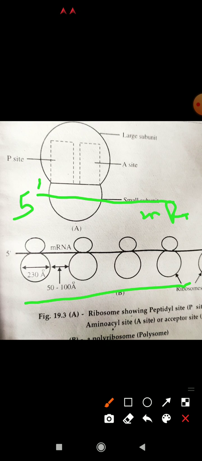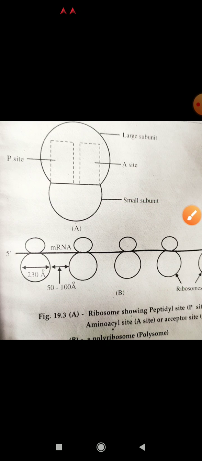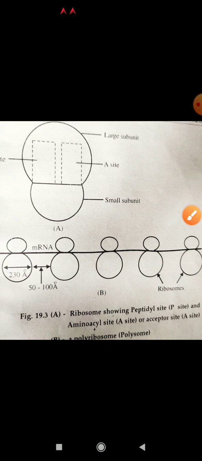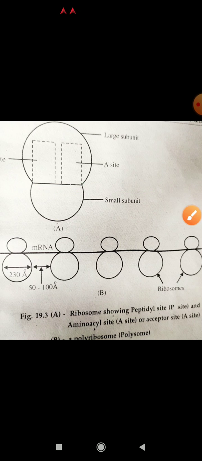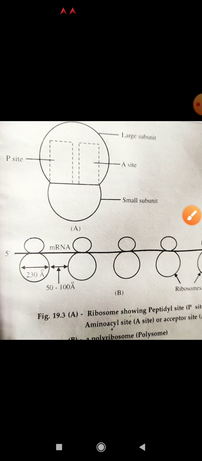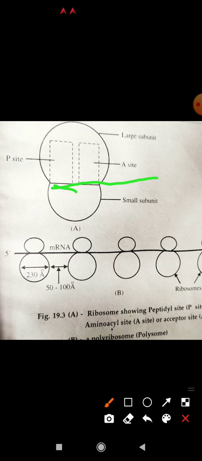The mRNA strand passes between the two subunits, there is a cleft in between, and through this cleft or tunnel, the mRNA passes. Somewhere here we can show it like this.